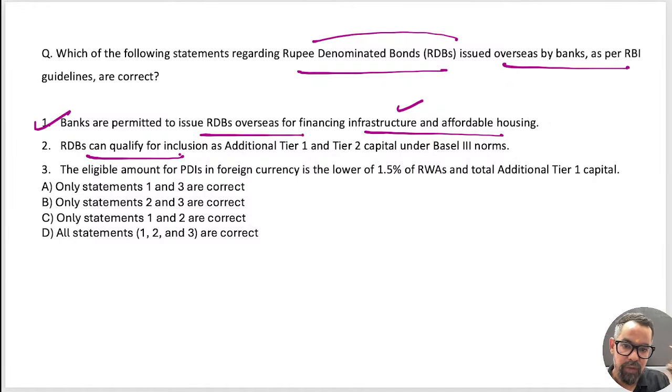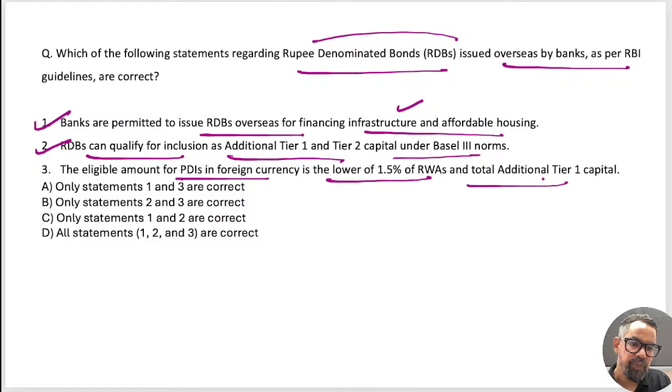RDBs can qualify for inclusion in additional tier 1 and tier 2 under the Basel norms. Third one is the eligible amount for RDBs in foreign currency.